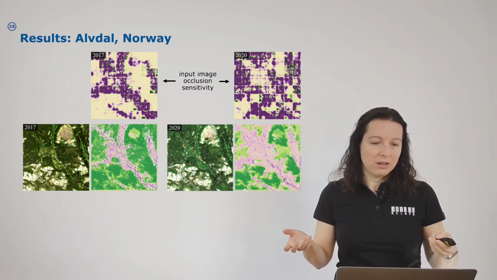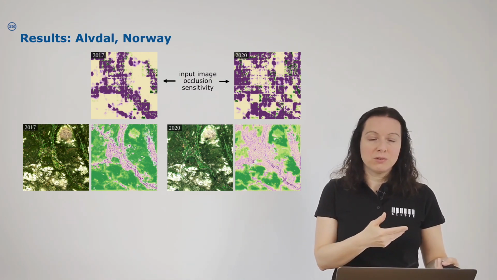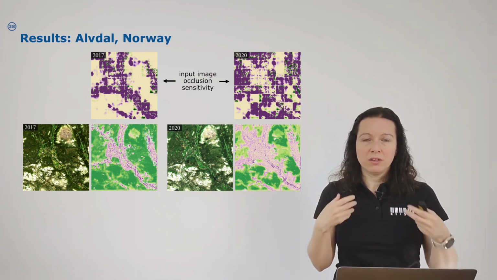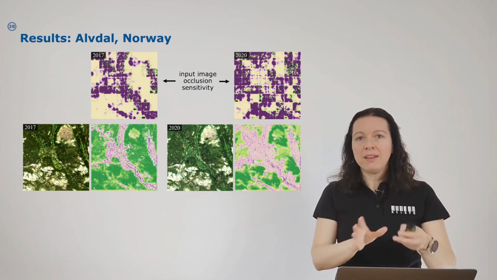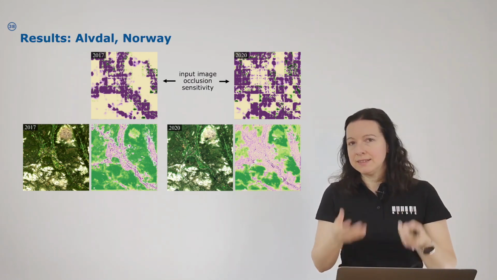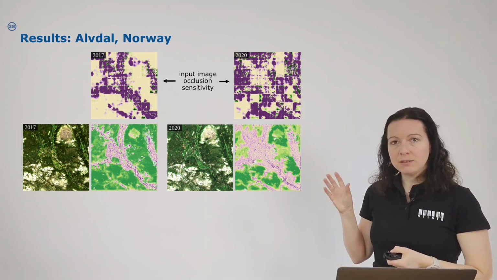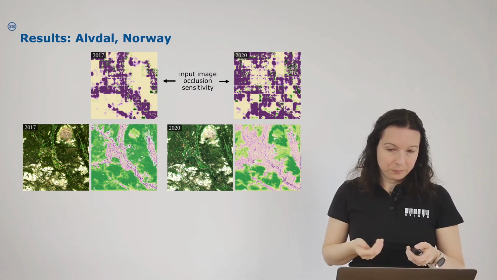So the difference between the input image occlusion sensitivity and the activation space occlusion sensitivity is quite large, although the main pattern is there. But still, the activation space occlusion sensitivity looks much more reasonable.